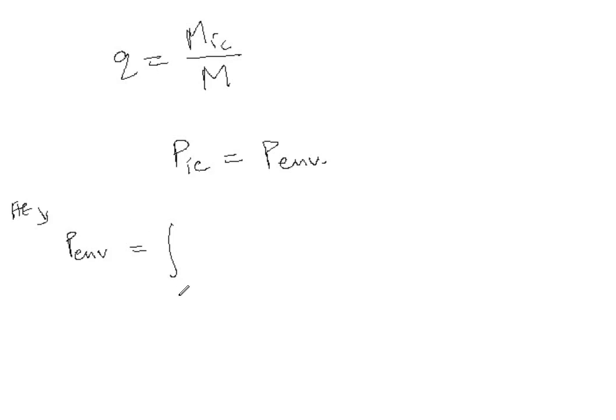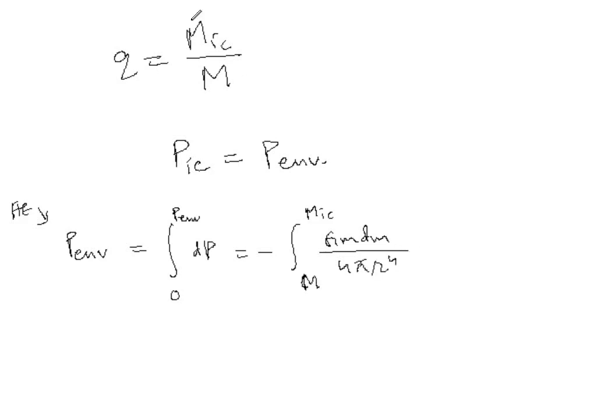So this is just the integral of dP from P0 to P envelope, and this gives me the integral from M to MIC, Gm dm divided by 4 pi r to the power 4.